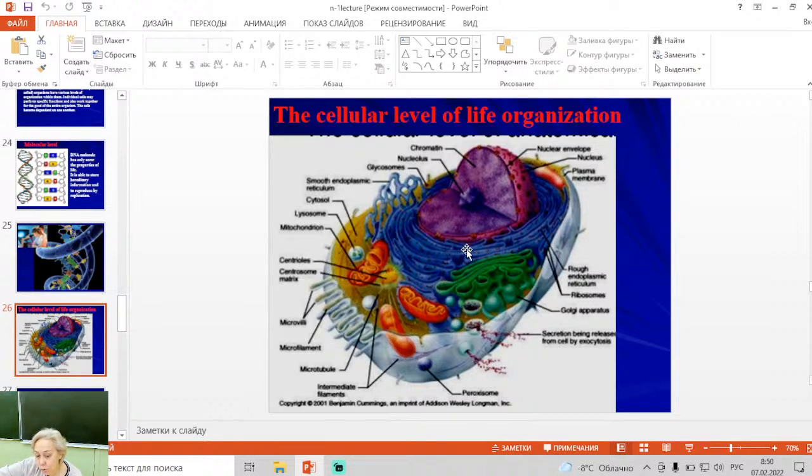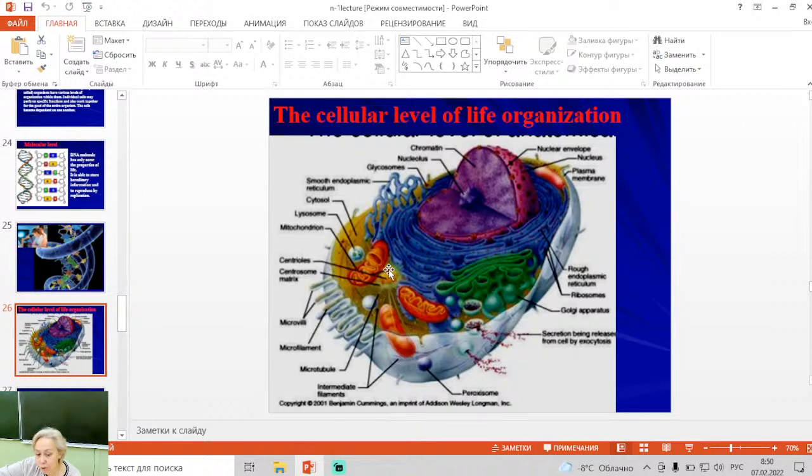Next to the nucleus you can see also the Golgi apparatus, the Golgi complex, and a lot of mitochondria which produce energy for the activity of the cell. You see centrioles, two cylinders next to the nucleus too.